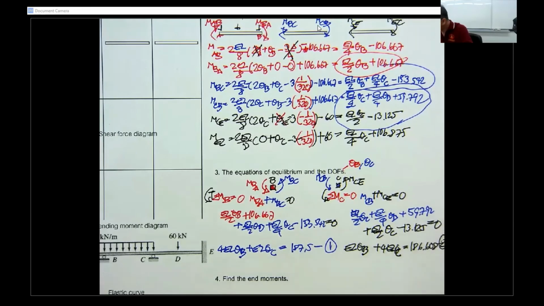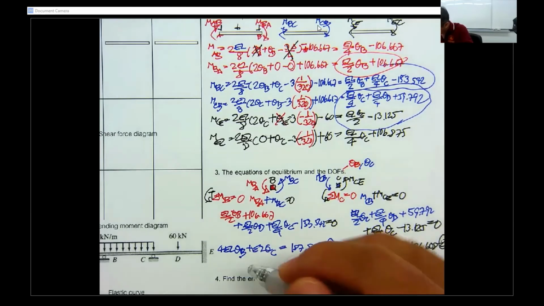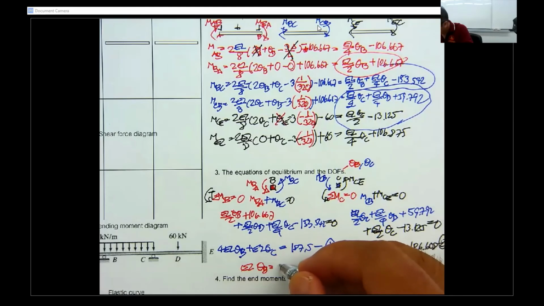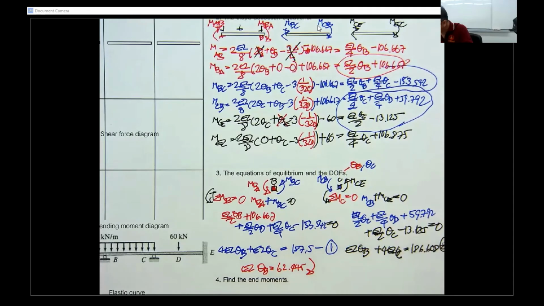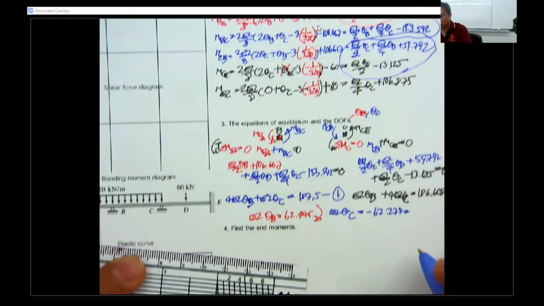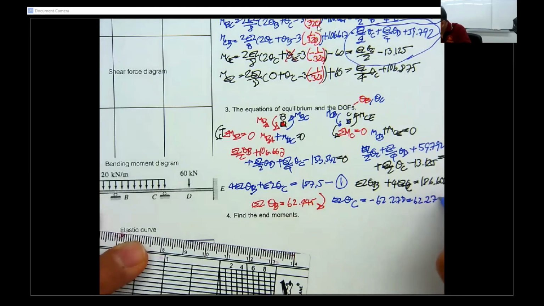Now you solve these two equations, you will get theta sub B. Use your calculator. Okay, EI theta sub B equals 62.445 and positive clockwise, and then EI theta C, you get this one for minus 62.278, which is going to be counterclockwise.